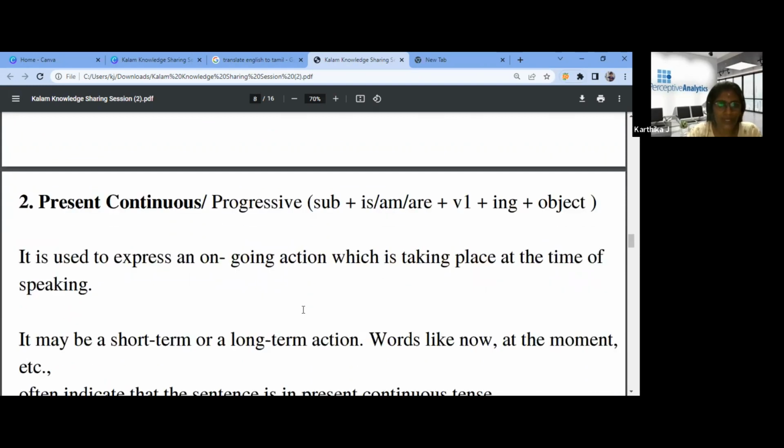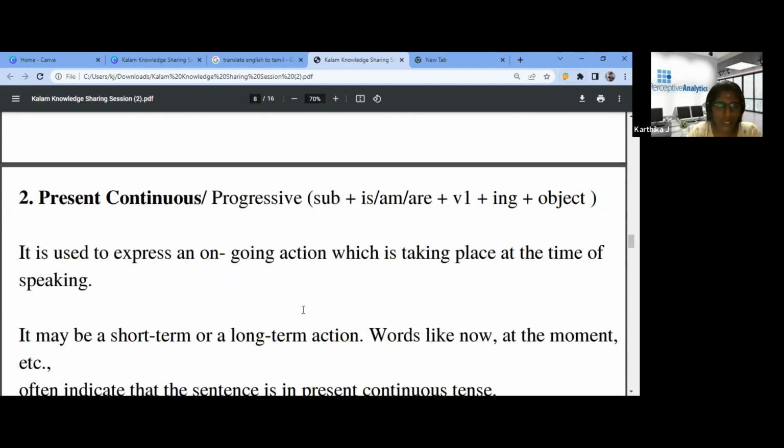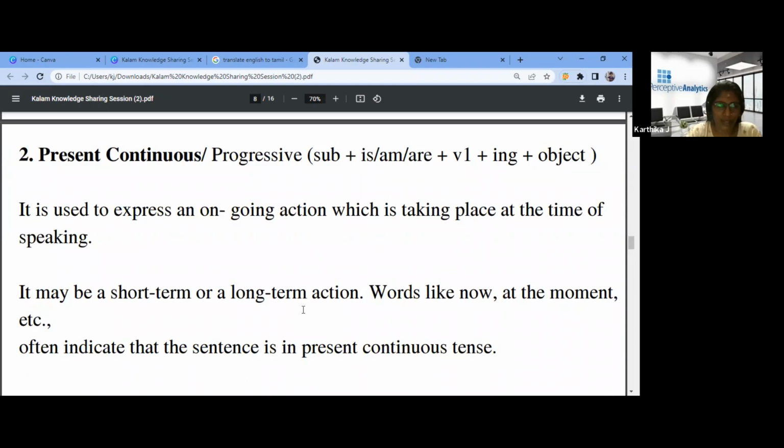Next one is present continuous or progressive. It means something started in the past, but it is going on till now. So we call it a present continuous. The rule is: subject plus is, am, or are plus V1 verb plus ing plus object.